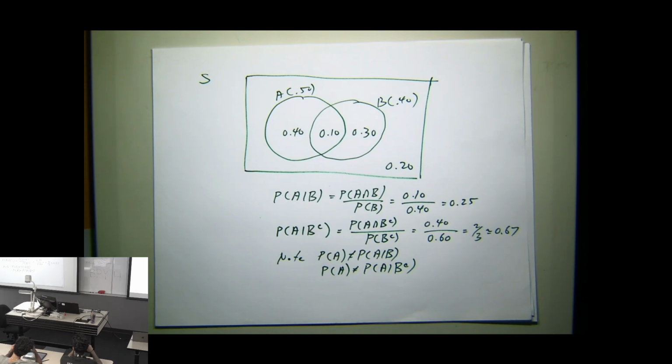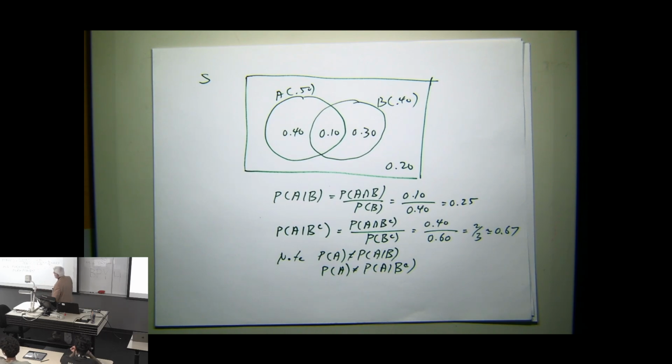But if I know that B has occurred, I lower the probability that A will occur.